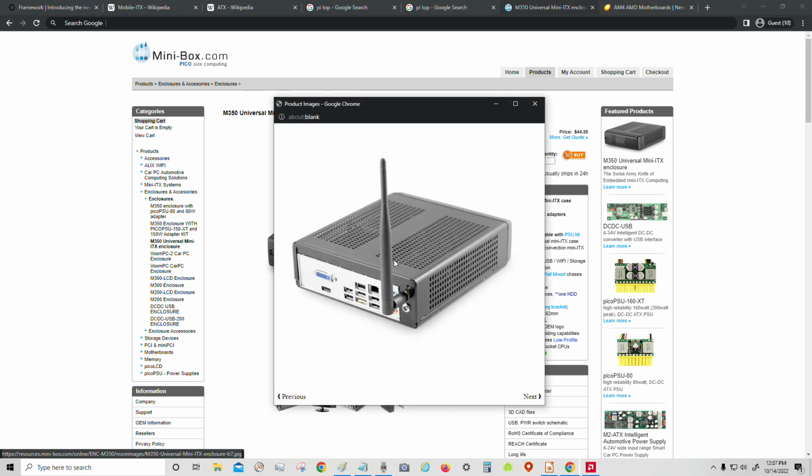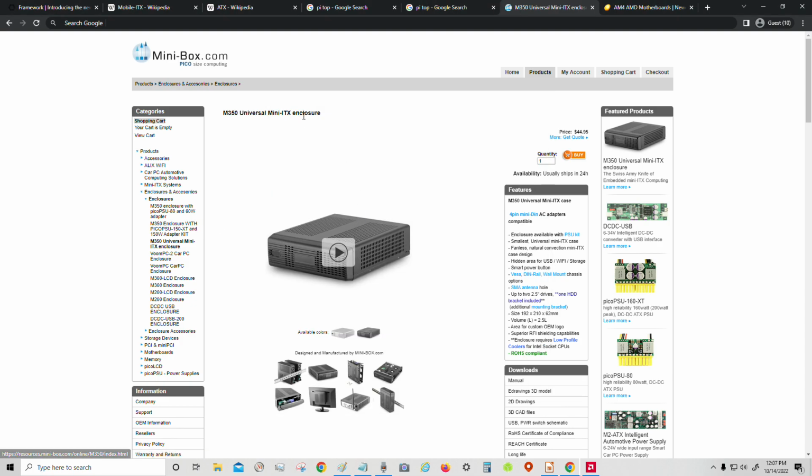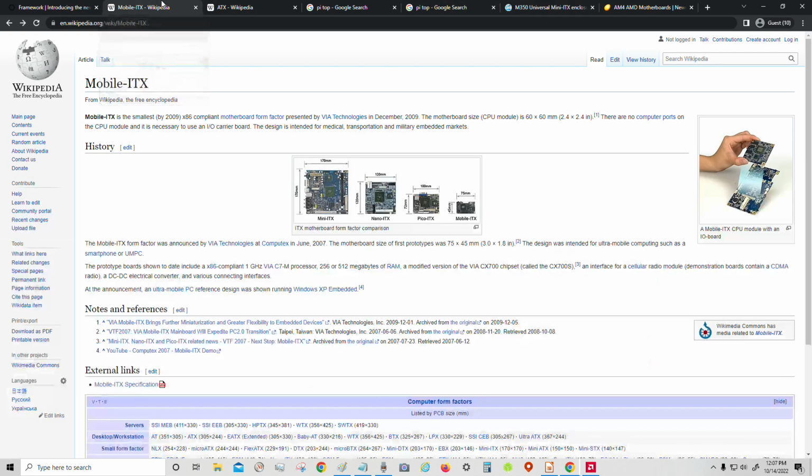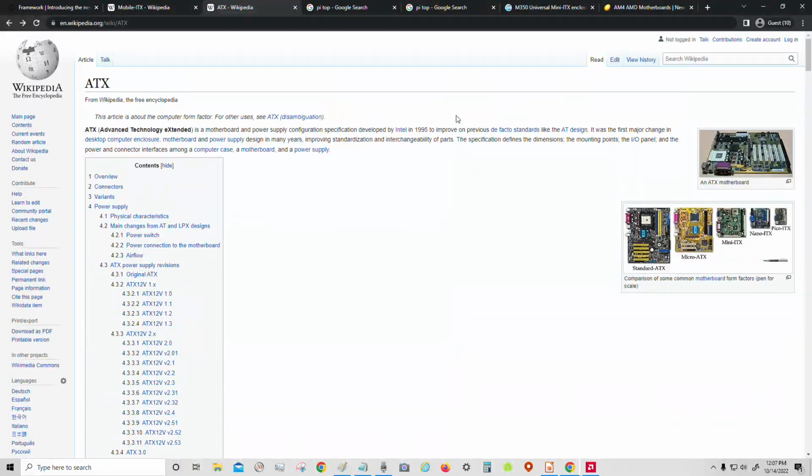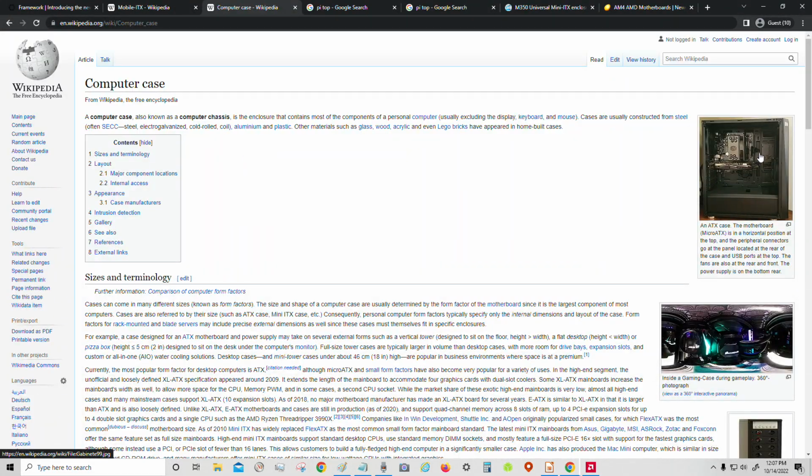I bought one of these about 10 years ago, and this is a mini ITX enclosure. So it's another type of computer case. It's a much more compact computer case than the ATX. With an ATX, you need a much larger computer case.